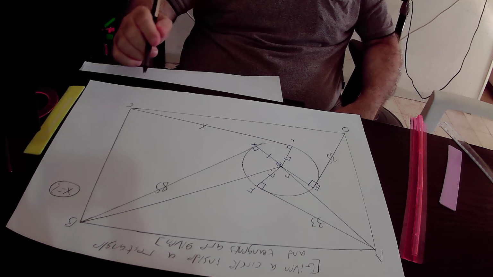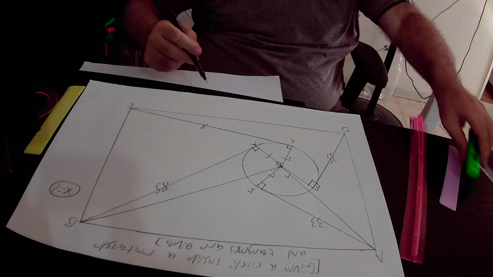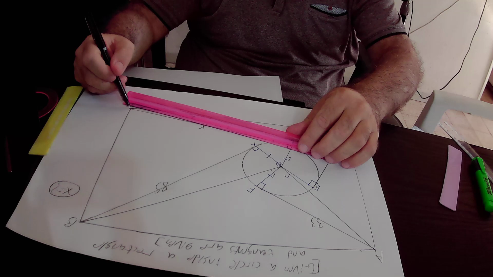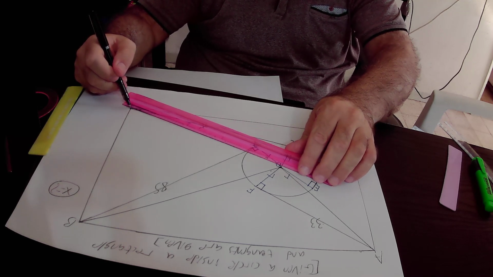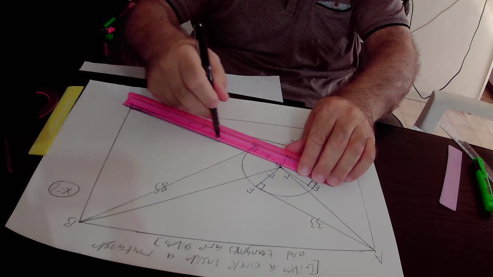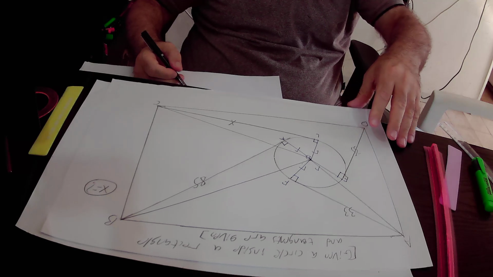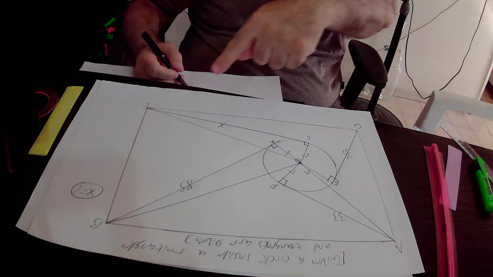In the next step, we join points C and O together by a straight line. So here we created a right triangle, triangle LOC.